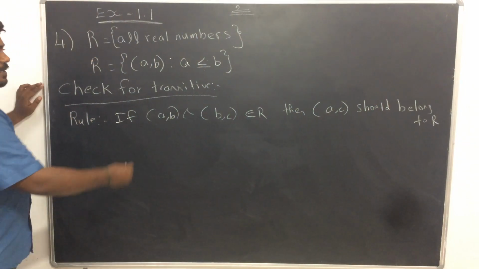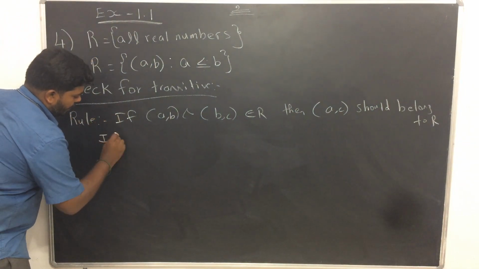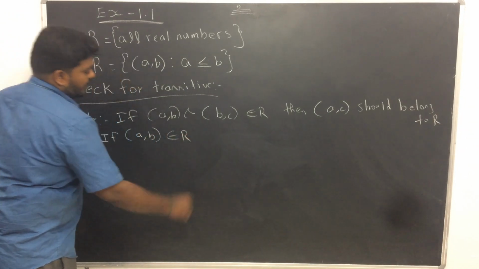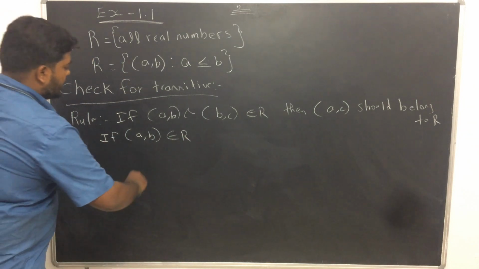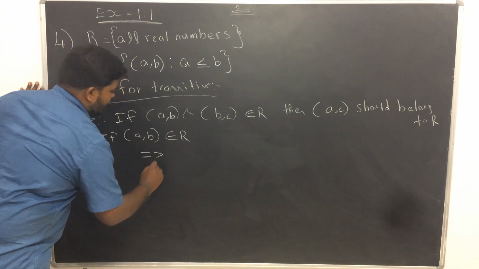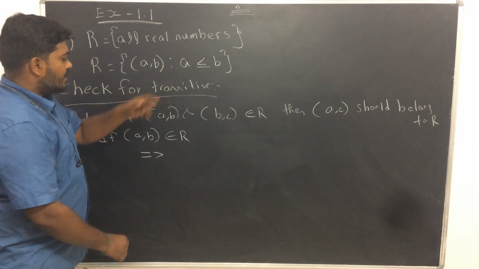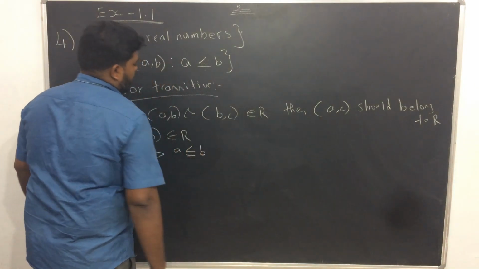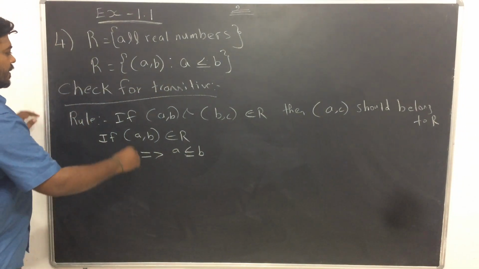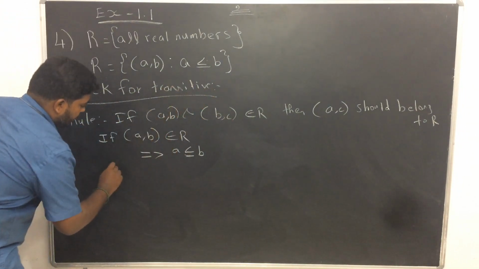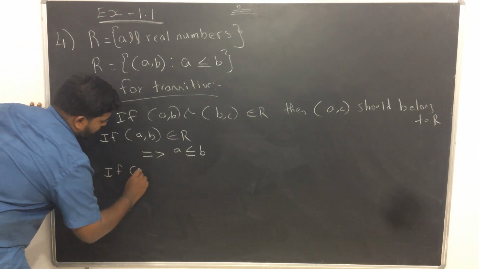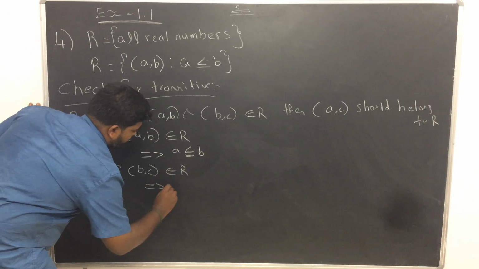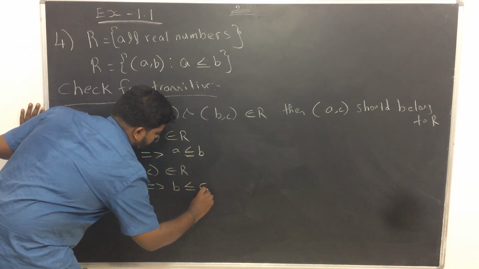Okay. Now let's start. If (A, B) belongs to R, what does it imply? It implies that A is less than or equal to B. Okay. Now, then, let's move to (B, C). If (B, C) belongs to R, it implies that B is less than or equal to C.